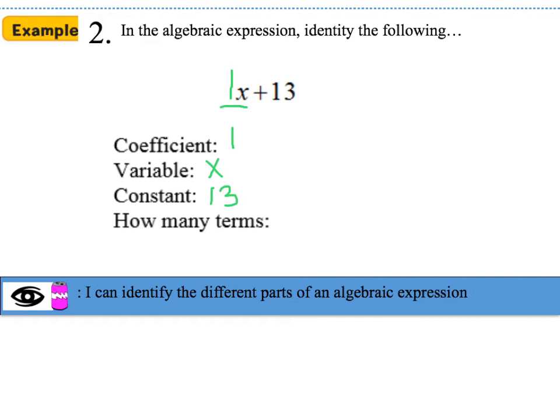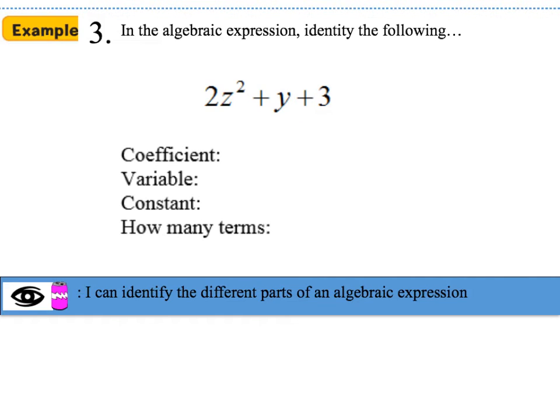And the next part, it says, how many terms do we have? So we've got, let's see, here's one term. It's being separated by a plus sign, and here's the second term. So we have 2 terms here. And the 2 terms are 1x and 13, and those are the 2 terms of this problem.